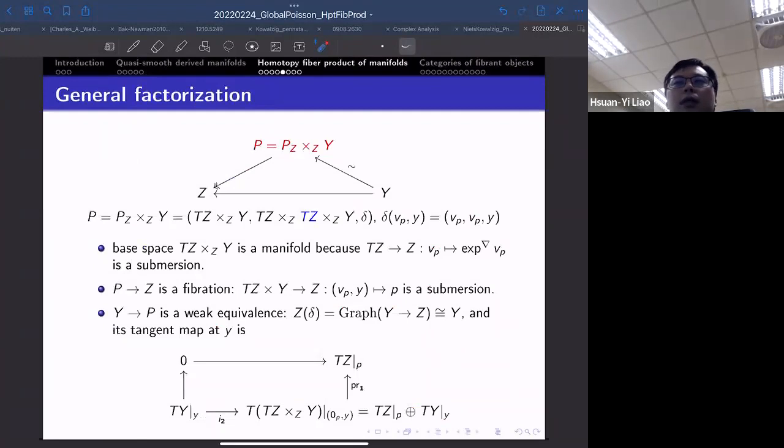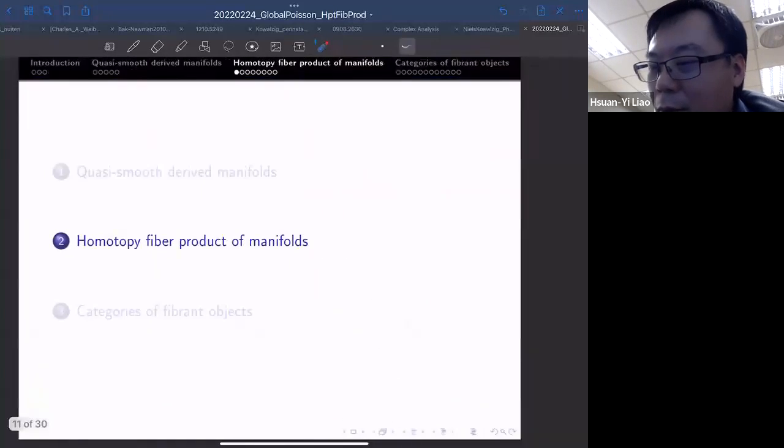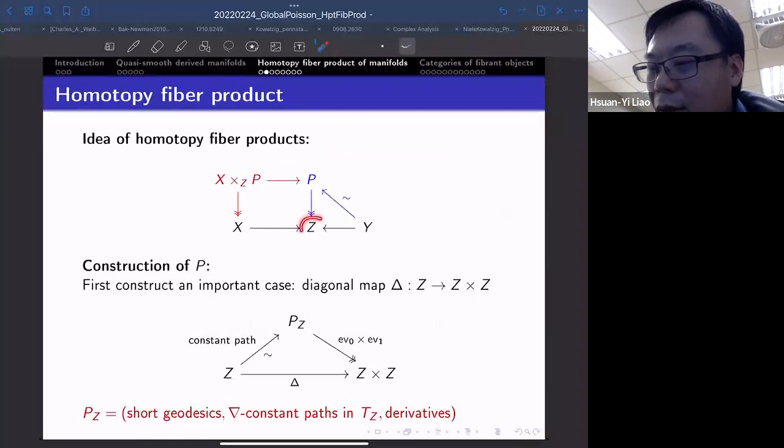Okay, so with this PZ, it's easy to construct the general case. Recall that what we want to do is factorize a given smooth map, using a quasi-smooth derived manifold. In this factorization, we should get a submersion, and then I use this submersion to do the fiber product. The first step was we factorized the diagonal map.